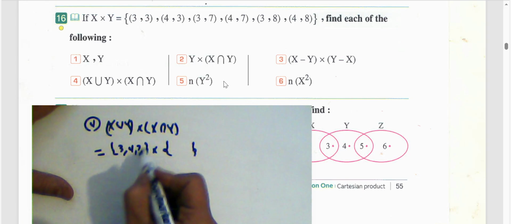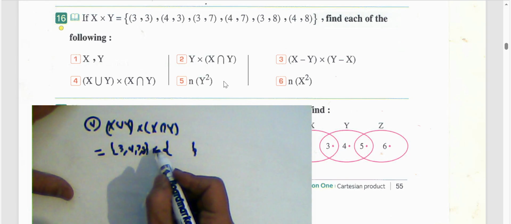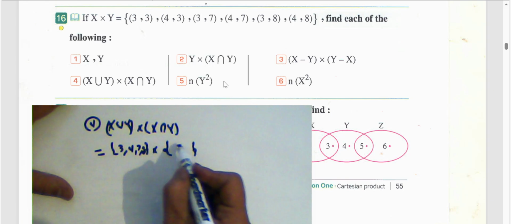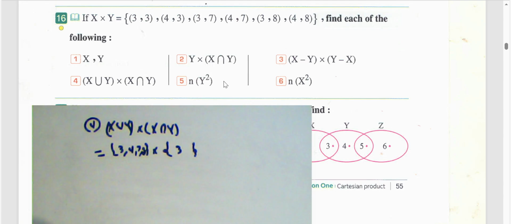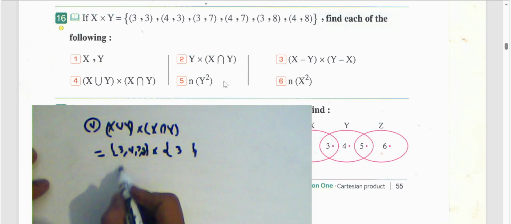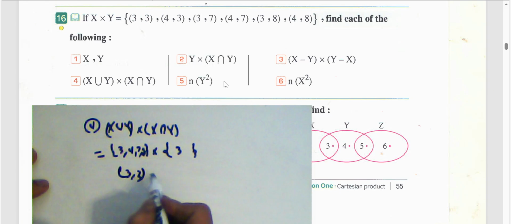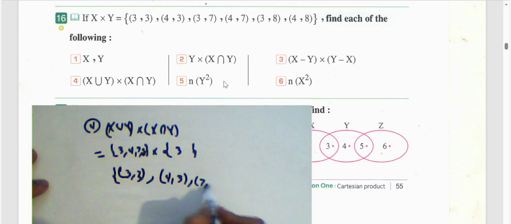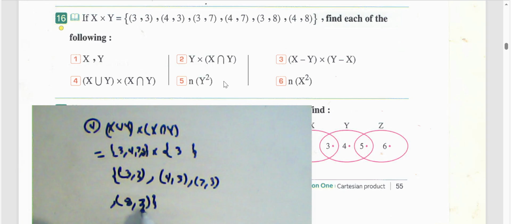Intersection between x and y will be 3 between two sets, and then you can write the order: 3 with 3, and 4 with 3, 7 with 3, and 8 with 3.